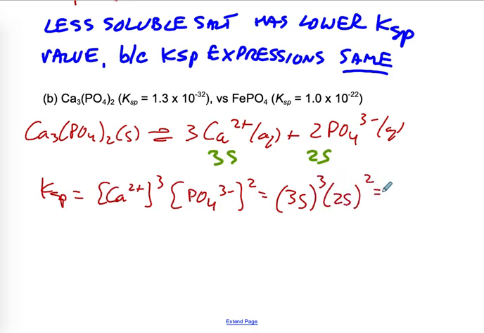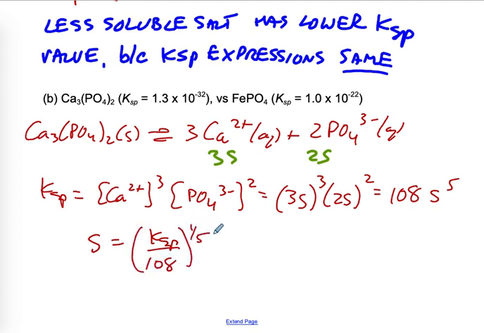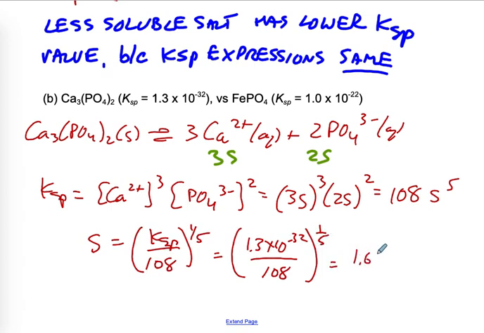We've already seen this one before, which is 108 times S to the 5th. So S is going to be equal to KSP over 108, raised to the power of 1/5, or 1.3 times 10 to the negative 32nd over 108 raised to the power of 1/5, which is 1.6 times 10 to the negative 7th molar as my solubility. Small, but not ridiculously small. We could probably measure that in our laboratory.